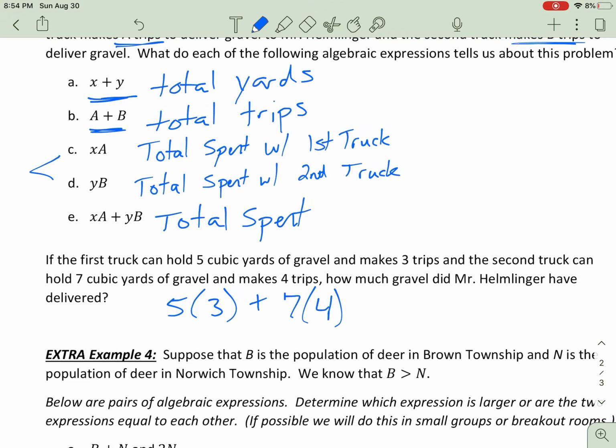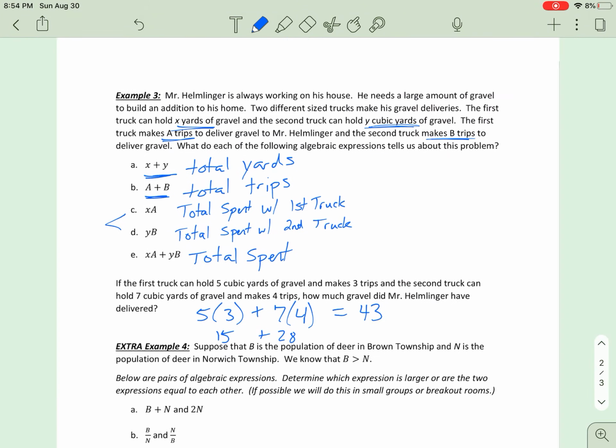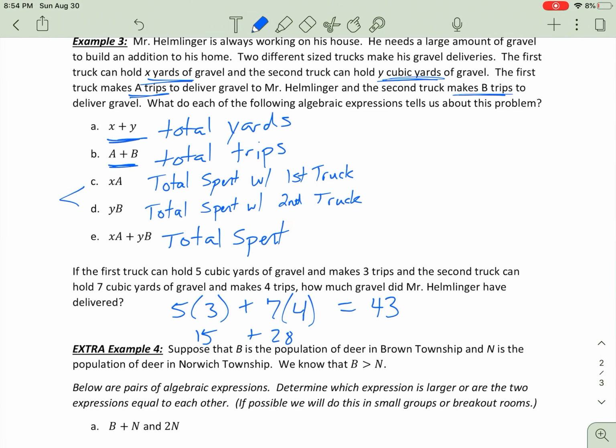Okay, how much gravel did Mr. Helmlinger have delivered? 15 plus 28. 38 and 5 is 43. So there you go. 43 is the answer.